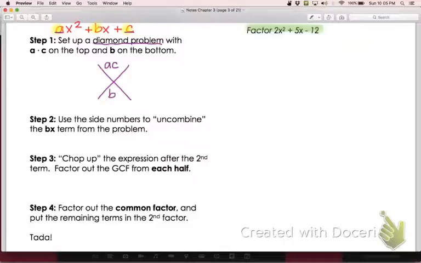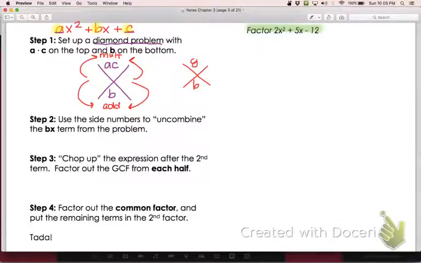What we're trying to figure out is two numbers that multiply to give me the number on the top, and those same two numbers add to give me the number on the bottom. Here's an example. Let's say I had 8 and 6.